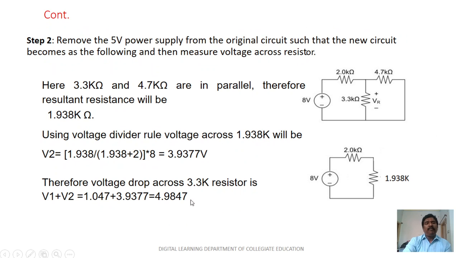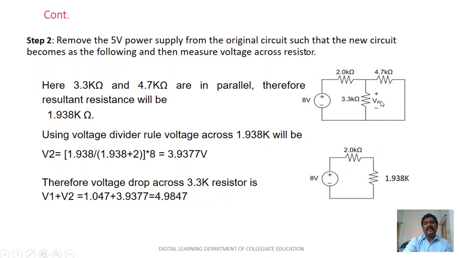Similarly, in step 2, remove the other source and short its terminals, and keep the other source acting. So now remove the 5 volts, short the terminals and keep the 8 volts alone. Again I can repeat the same thing. 4.7 and 3.3 kilo ohms will be a parallel combination.